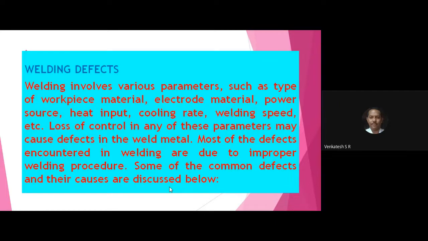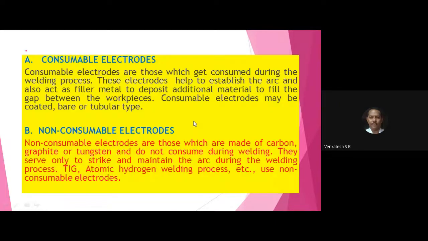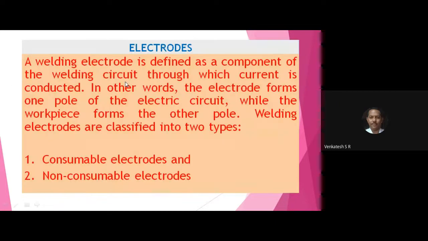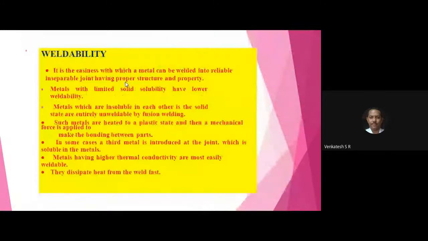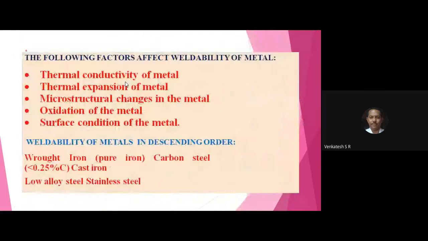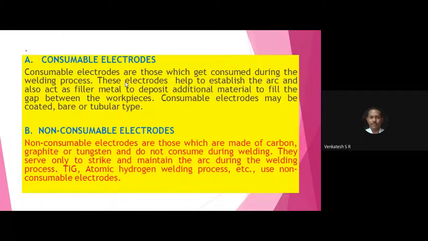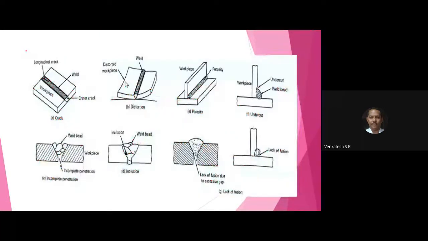Put a question mark. For this, write minimum 5 defects and explain with your own sentence. Now I stop at this stage. I will continue in the next class.